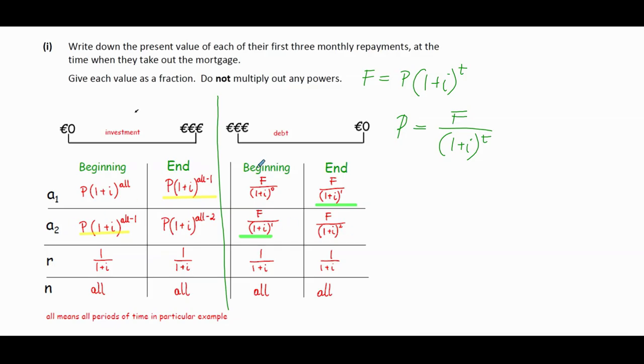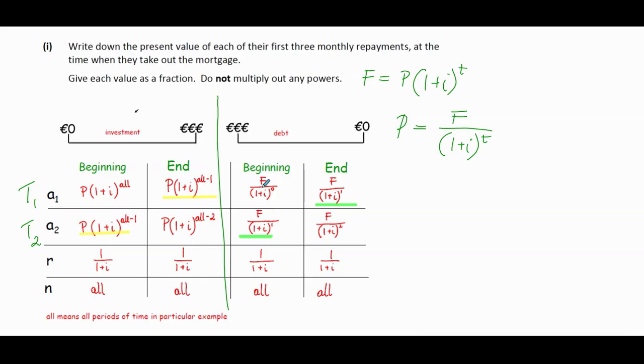And as well, because usually we have to write those terms, sometimes the first three, sometimes the first two, and then the last two, we need to know how that sequence is created. That's the reason here I have term 1 and term 2, so that we have an idea. Okay, so let's apply that knowledge here. The repayments, when they take out the mortgage, all the repayments are in the future, aren't they?